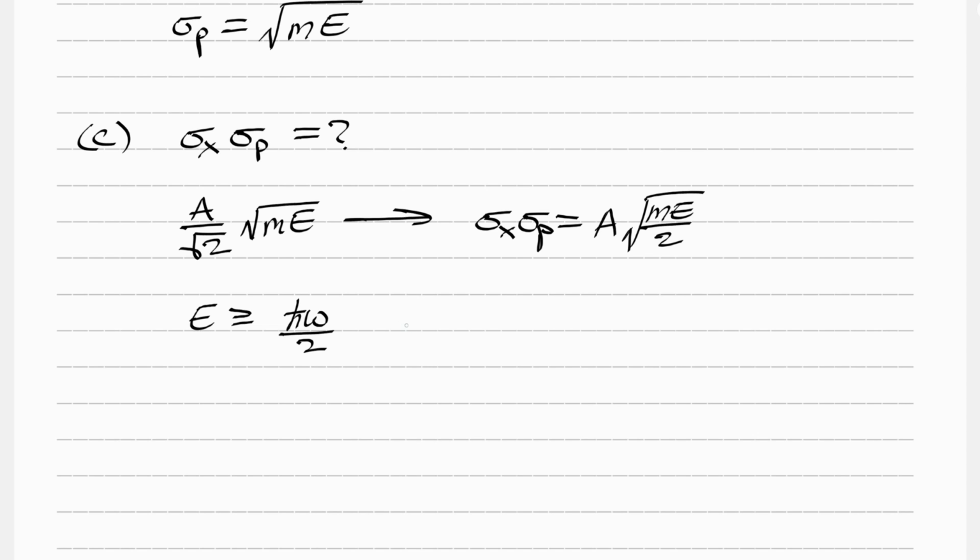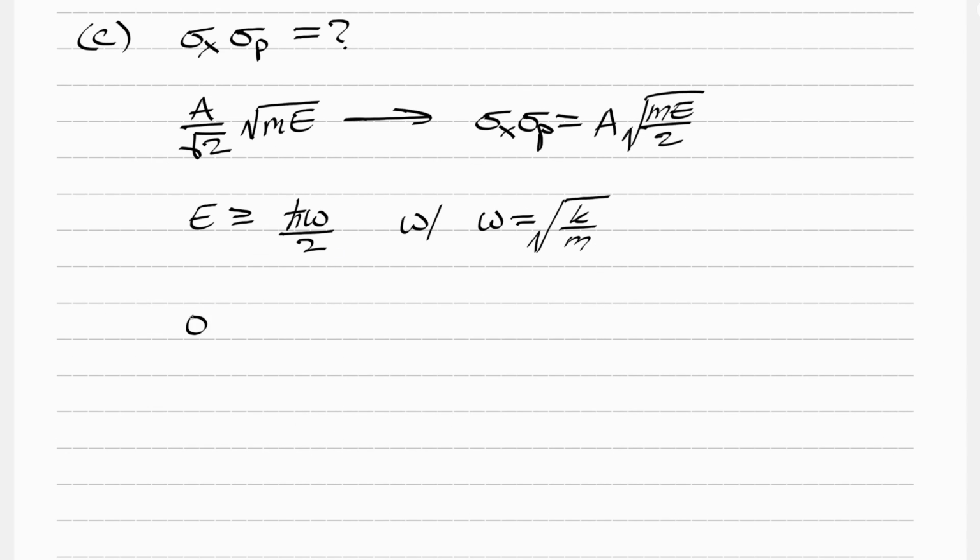And so, obviously, with omega being, once again, the square root of k over m. And so the point is that sigma x sigma p is equal to a times square root of m times E, but that's h bar omega over 2 at a minimum, all divided by 2. So that's square root of m h bar omega over 4.